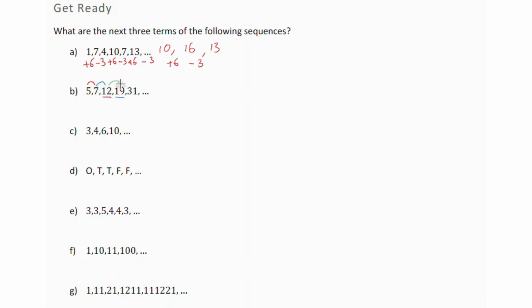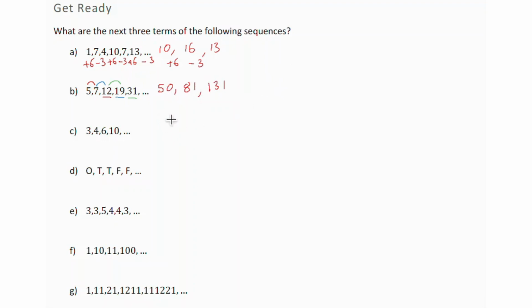And if we do 12 plus 19, we get 31, which is the next term. So continuing that, we do 19 plus 31, which is 50, then 31 plus 50, which is 81, and 50 plus 81, which is 131. So this one's a Fibonacci style sequence.